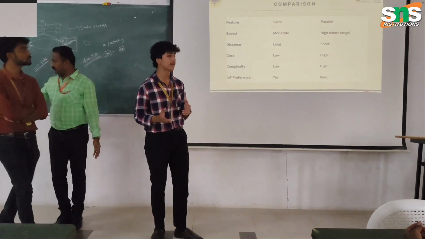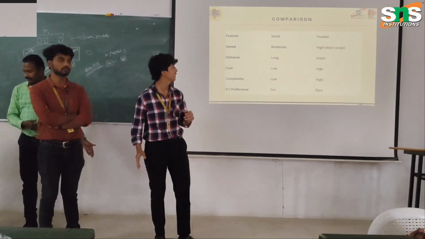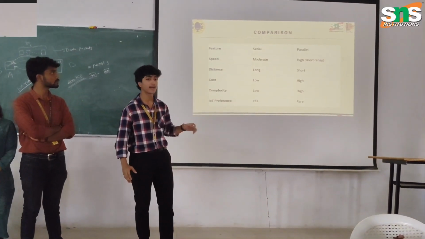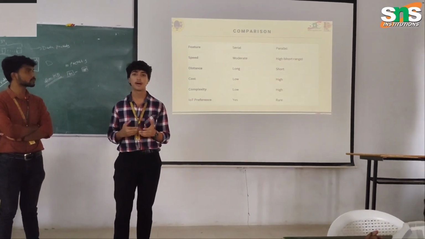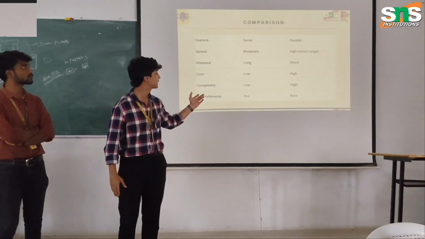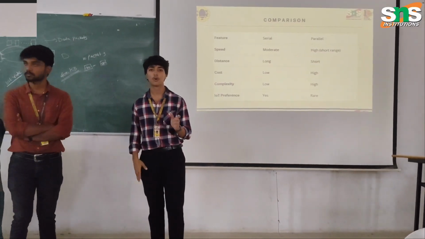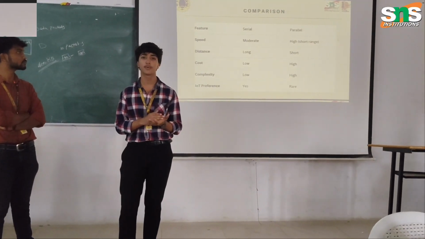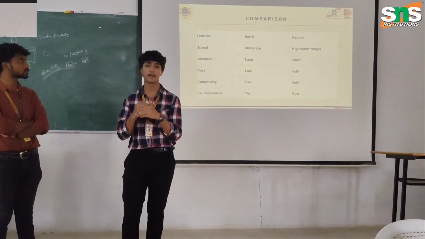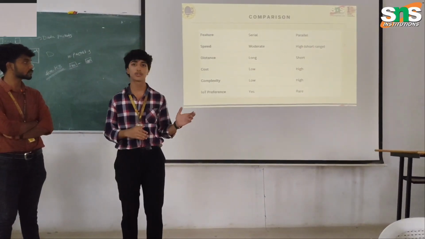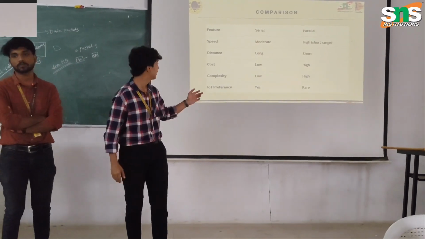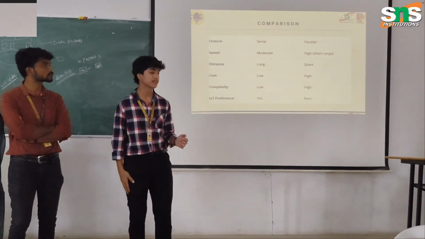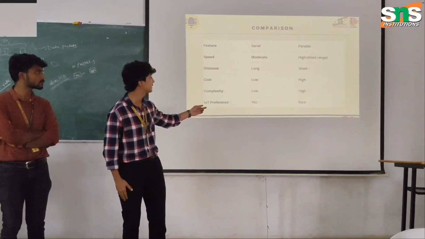So this is the comparison between serial communication and parallel communication. In serial, the speed is moderate, but in parallel it is faster and more advanced. The distance is longer in serial and shorter in parallel. The cost is lower in serial and higher in parallel as it is more advanced, and complexity is low in serial and higher in parallel.